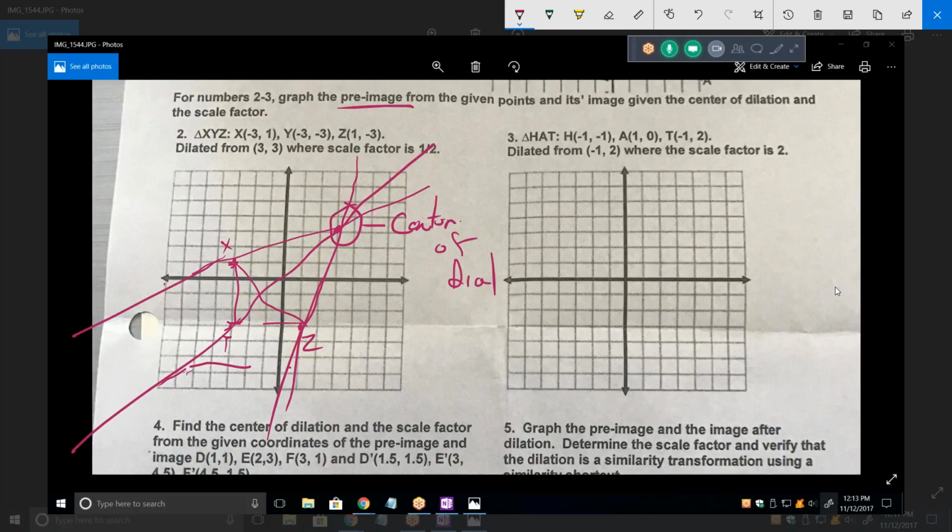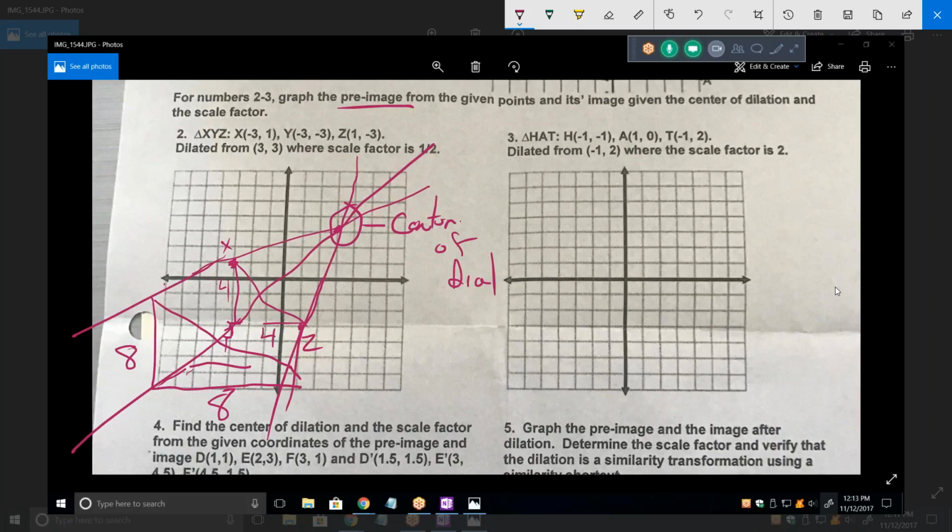Should have drawn it such that the new triangle is twice the size, and I don't mean in area. I mean each dimension. If this dimension is 4, which it is, then this dimension needs to be 8.